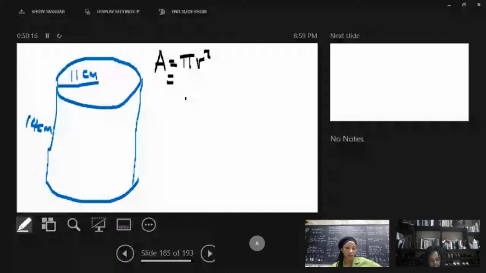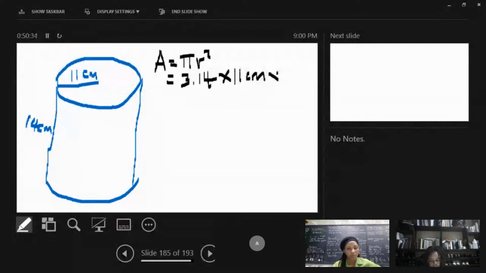Okay, Miss. Since the radius is 11 centimeters, it'd be 3.14 because pi is 3.14 or 22/7. 3.14 times 11 times 11 because it's squared.